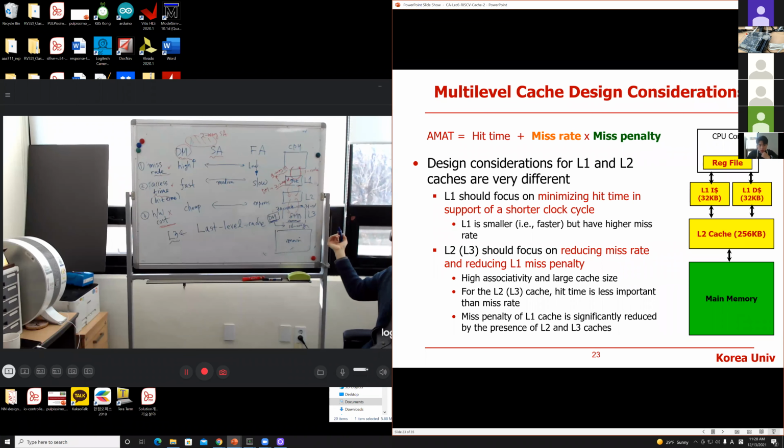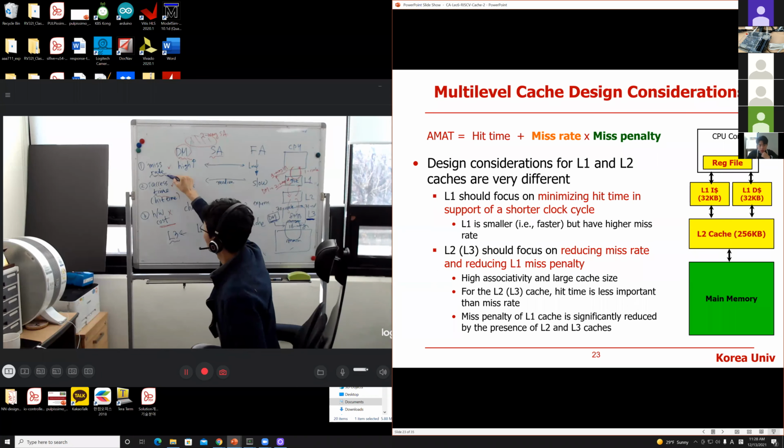But if you miss the cache, if you miss level 3, then that is going to be a disaster, right? You have to go out to main memory and access it. So we want to avoid that situation. We don't want to access main memory as much as possible. So the important factor you have to consider for last level cache is miss rate.